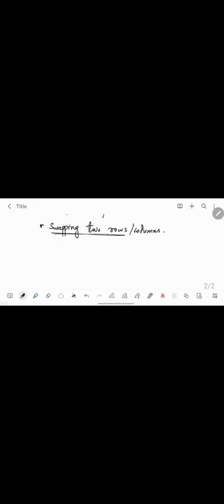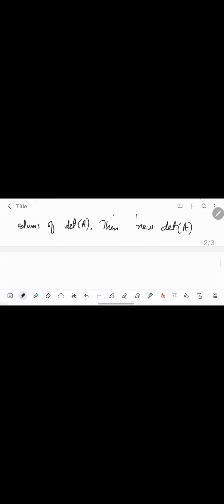Okay, so here is the rule: if we swap any two rows or columns of the determinant of A, then the new determinant is obtained by swapping any two rows or any two columns.